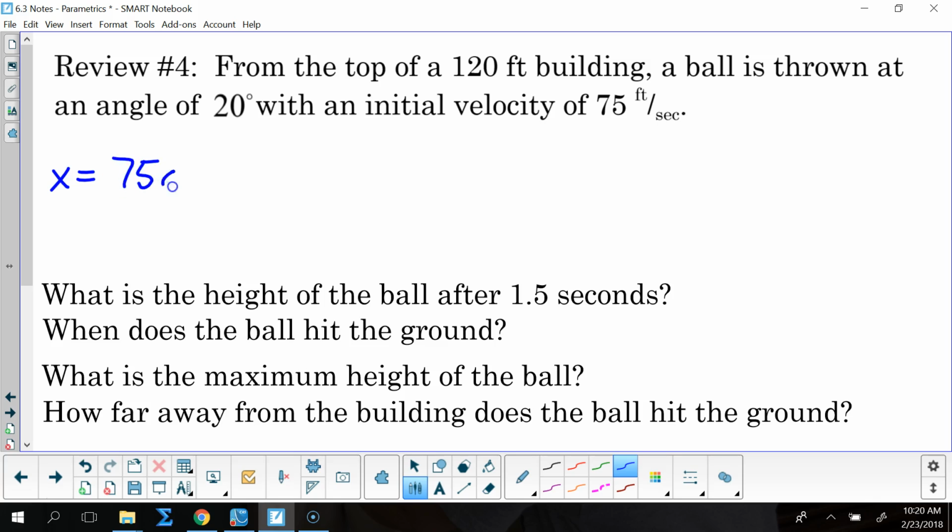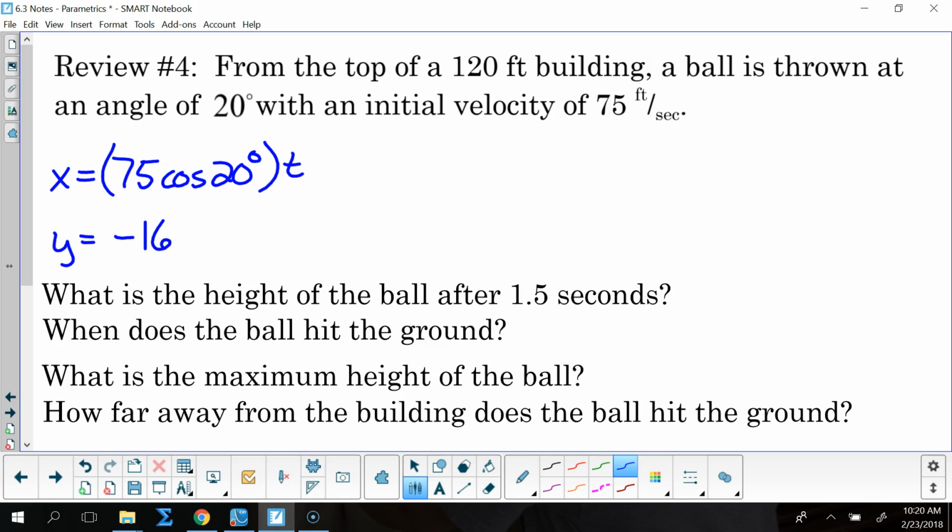75 times the cosine of 20 degrees times t. Anything else? Nope. Okay. What's the y equation?